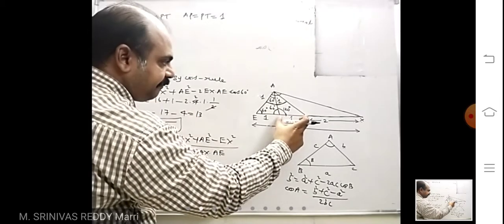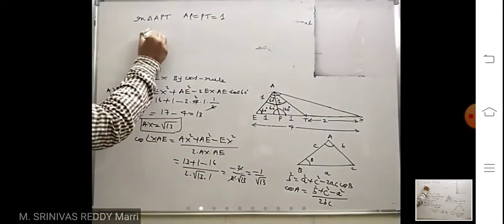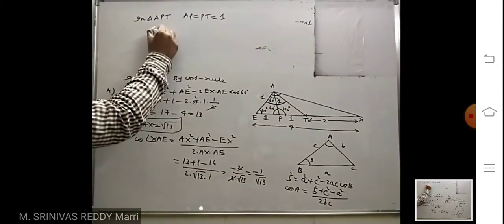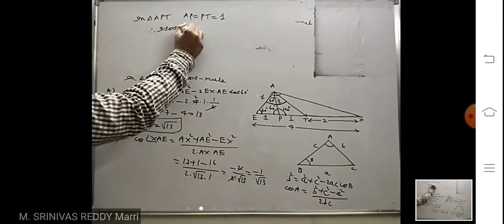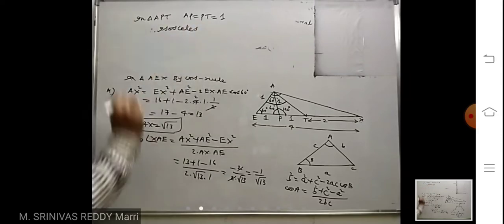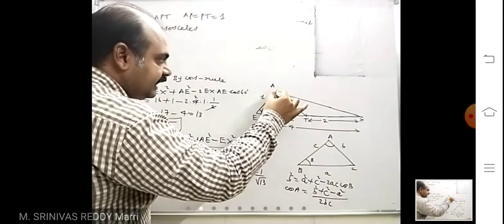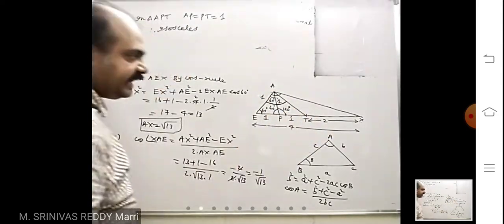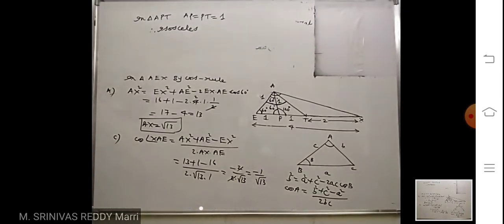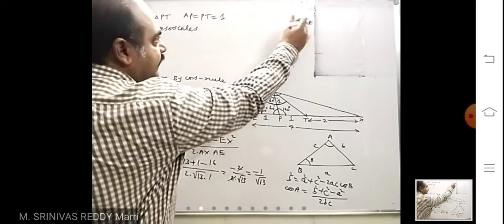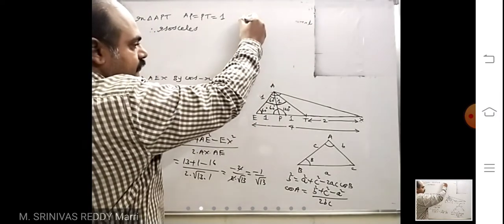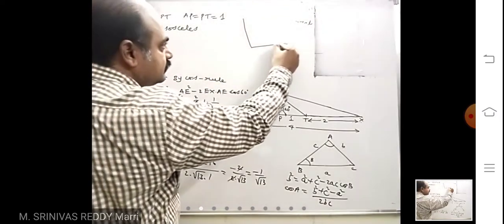In triangle APT, two sides are equal, therefore it is an isosceles triangle. This triangle APT is an isosceles triangle. In an isosceles triangle, base angles will be equal. Like this it is there, I am drawing like this.